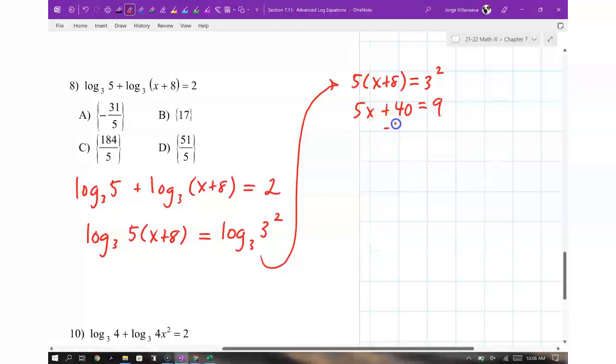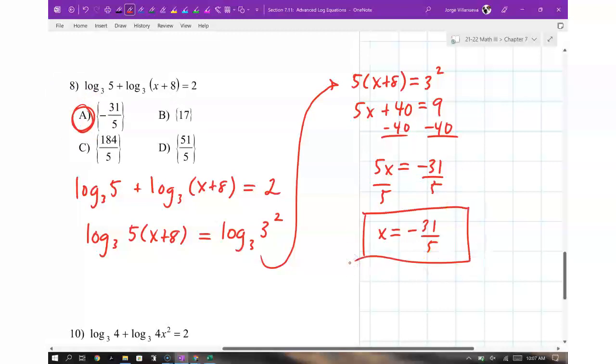Subtract 40. So 5x is equal to negative 31. And then divide by 5. So negative 31 over 5. Notice there's no solution option, and the only option that's there is my answer. So there you go. I don't have to check it in that case.